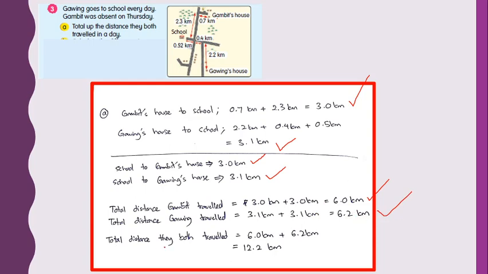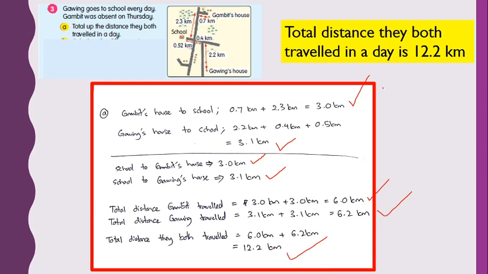So the total distance they both travel is 6.0 km plus 6.2 km. The answer is 12.2 km. So the total distance they both travel in a day is 12.2 km. So you have to understand the question carefully, right?